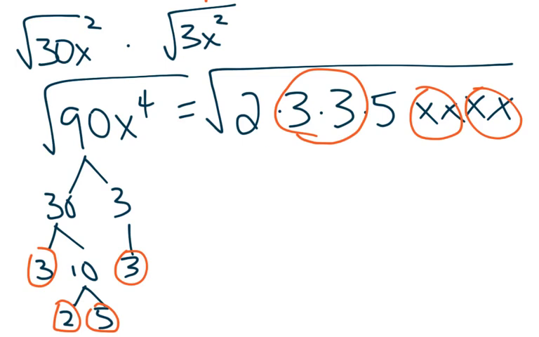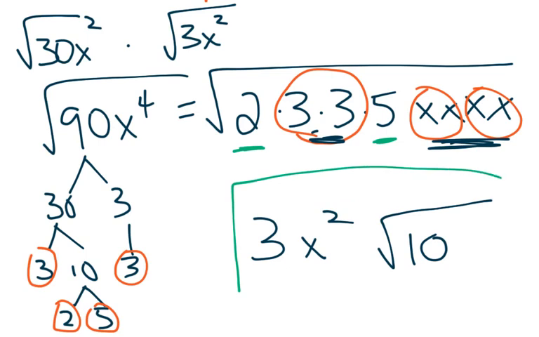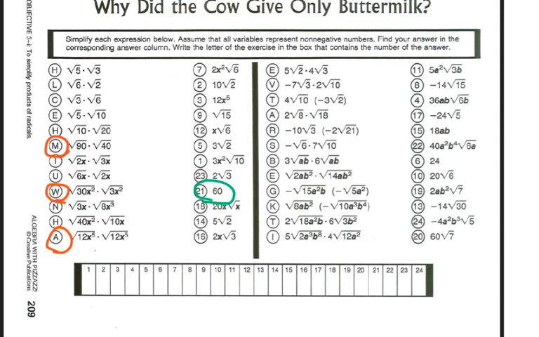The only thing that's left under the radical is the 2 and the 5, so I already know that my answer will contain square roots of 10. And then on the outside, I'm going to have 3 times x squared. So 3x squared, square roots of 10. And there it is.